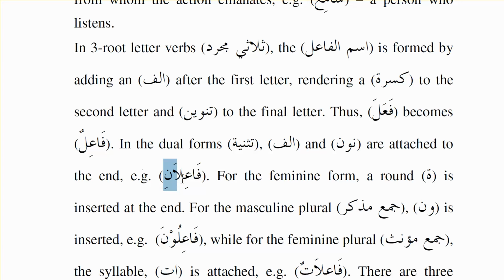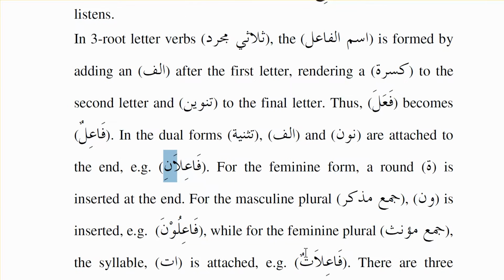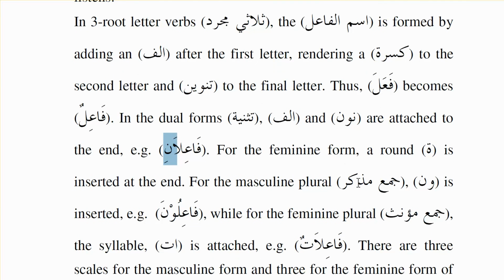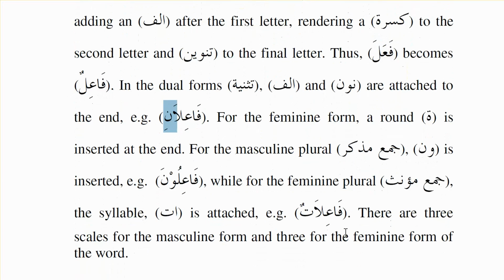Fa'ilani will be the same for the feminine dual, you'll see it at the end. As we go to the next page, you'll see more clearly. So now for the masculine plural, you're going to put a una at the end, so fa'iluna. And for the plural feminine, you're going to put a at the end, fa'ilat.